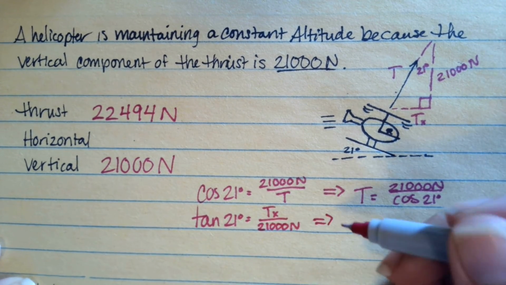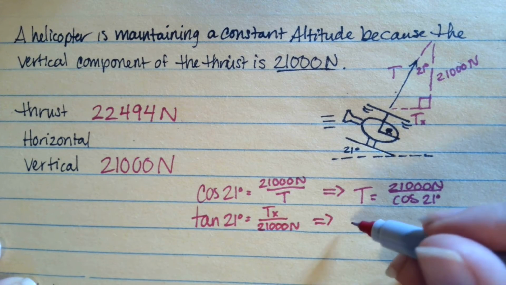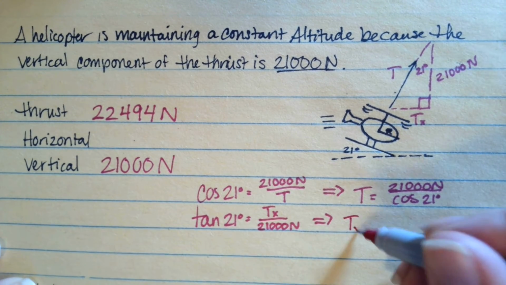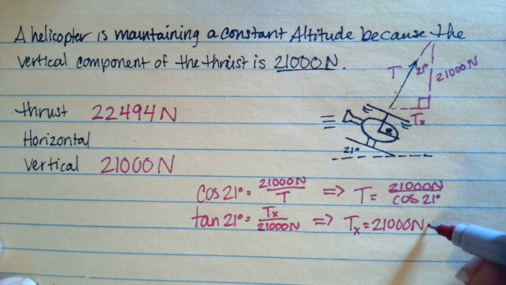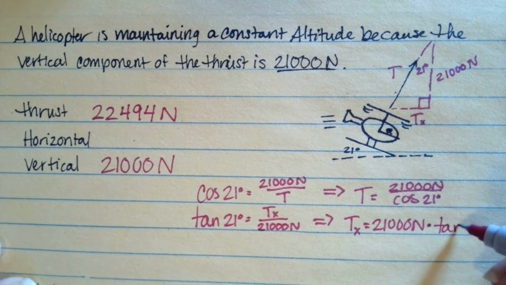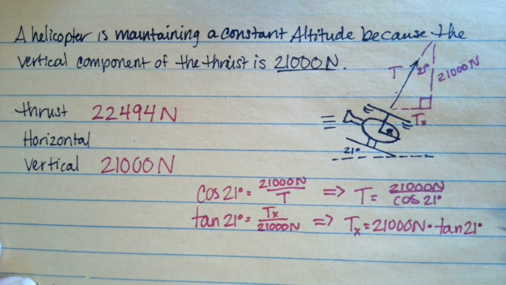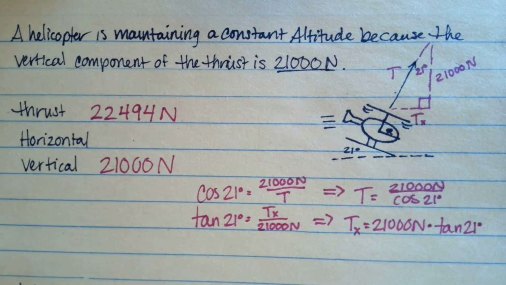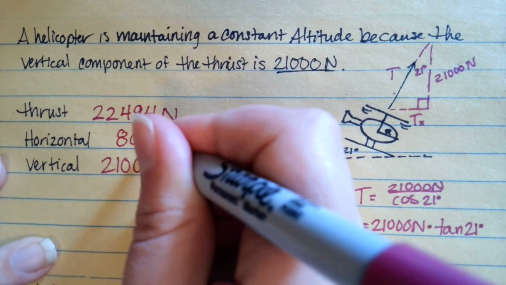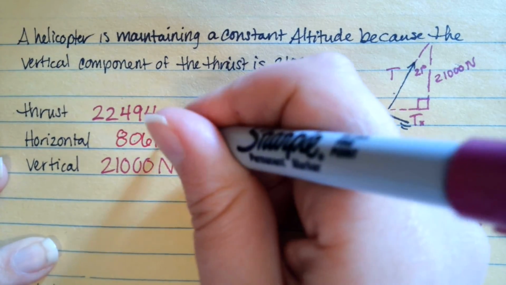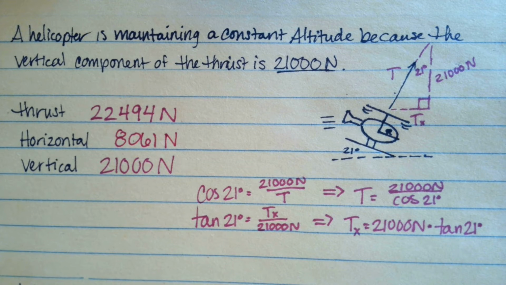Rearrange that, and we will have thrust in the x direction is equal to 21,000 newtons times tangent of 21 degrees. Type that in, we will get our answer. Our answer is 8,061 newtons. Okay, so that's number 3.